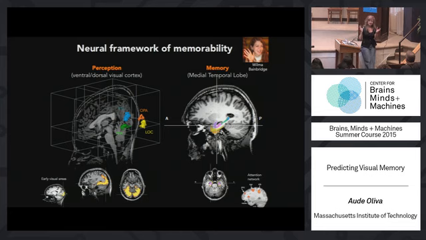But basically, all the action is at the perception level. Whenever you perceive this image for half a second or 1 second, there is something going on at the perception level that is going to bias whether this image is going to go into memory or not. So knowing this, if we want to look at the potential neural framework of memorability, we have to look at the entire brain.